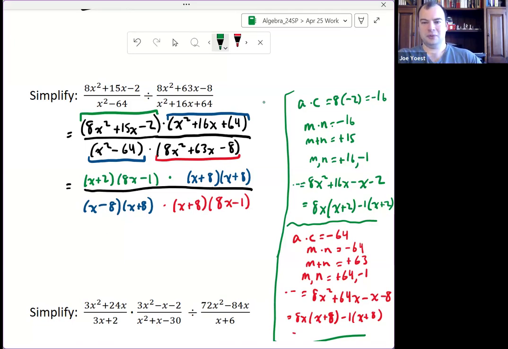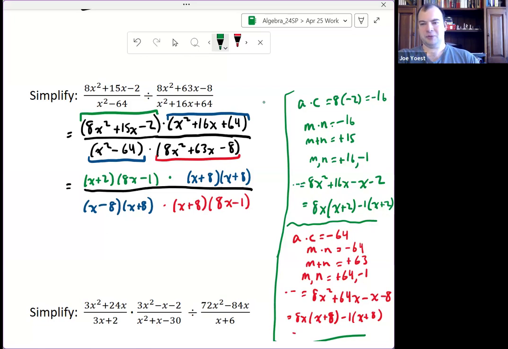For the one I've labeled green here, the top left, 8x squared plus 15x minus 2, a times c is -16. I'm looking for 2 numbers, m and n, that multiply to -16 and add to +15. I think that's plus 16 and -1. And I've shown the details over here for how this factors into x plus 2 times 8x minus 1.